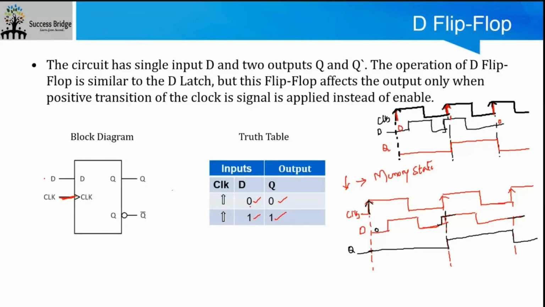So D is a data input. Let's say I'll stick to the initial flop. This is a single flop. You want to load some binary value, let's say 1011.